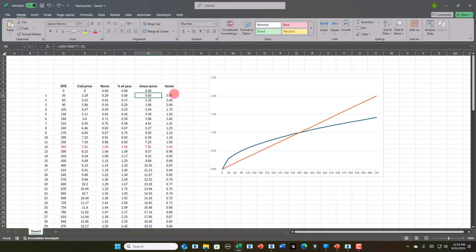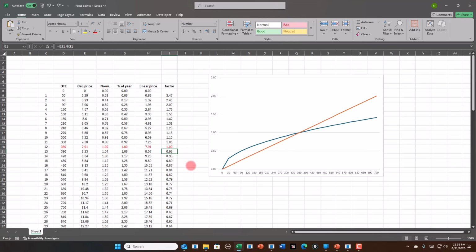So you can see that this premium is always greater than 1 until you hit the 1-year option. And again, that's just saying that the blue line is sitting above the orange. But once we go beyond a 1-year option, we start getting into discounts. We're paying, let's call that 96% of the linear price, or a 4% discount.